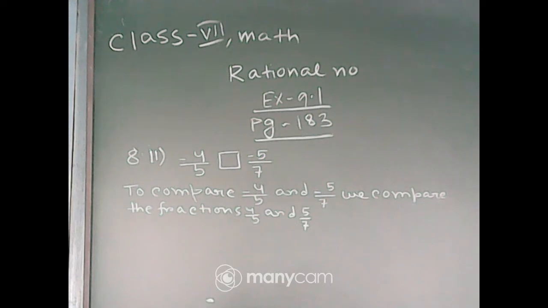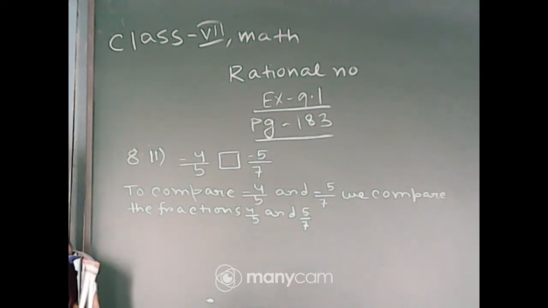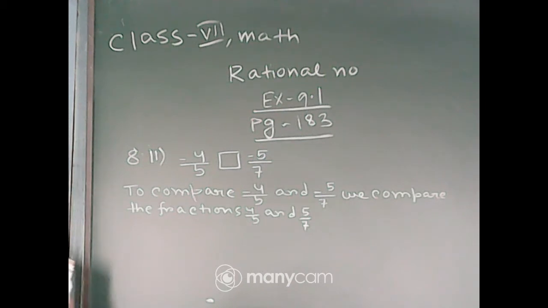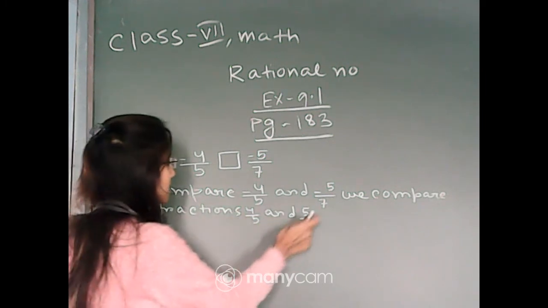For this, we first find their equivalent fractions which have the common denominator, and the common denominator is given by the LCM of 5 and 7.